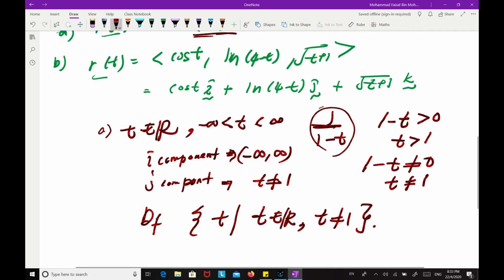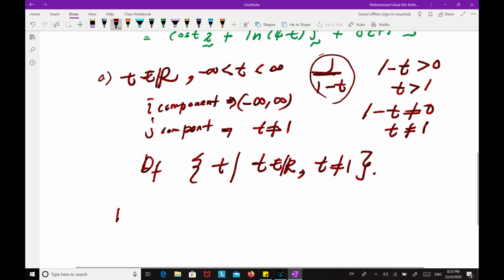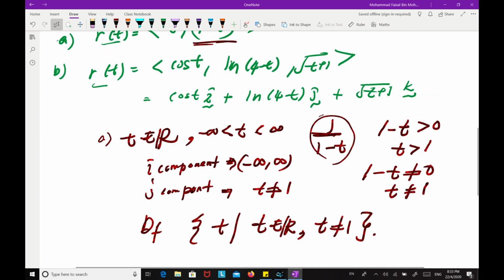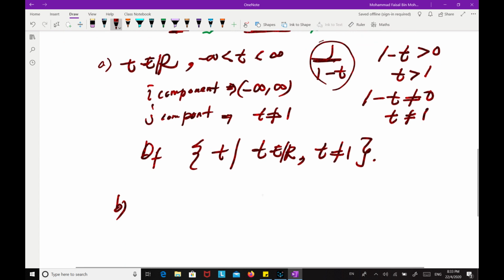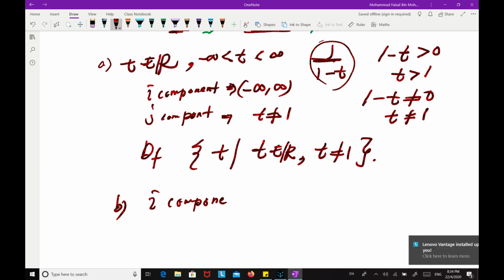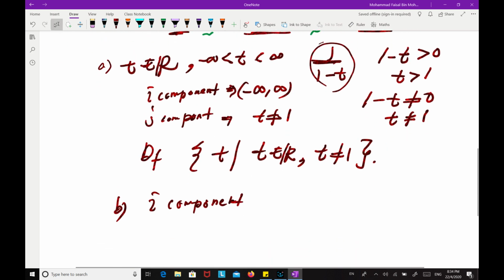Okay, B. So we have cos t, we have ln 4 minus t, square root t plus 1. Should try to separate. For i component, so you have to know how to find the domain. And then we have cos t. So cos t can be anything, right?